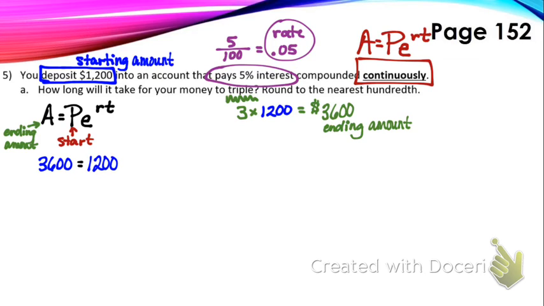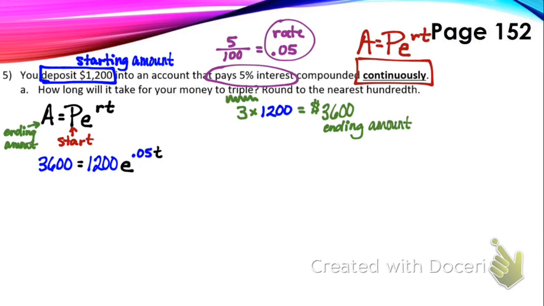Do I have an amount for e? No, that's a number. Do I have a rate? 0.05. And then we're looking for the time. Do you guys notice how this looks very similar once I sub the numbers in to what we were just doing? I've got number equals number e to the power of number and a variable.